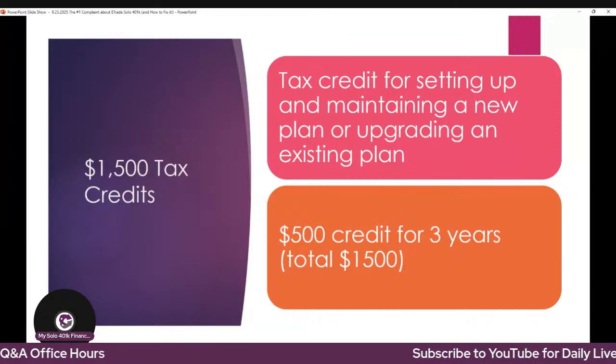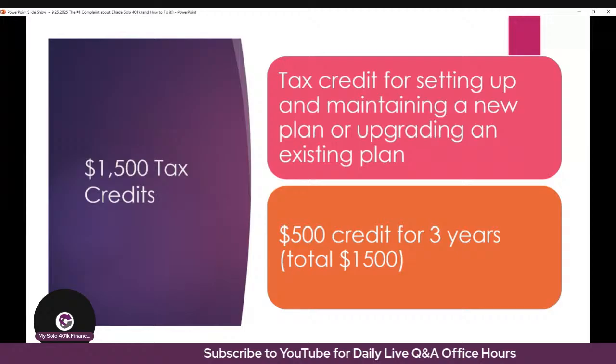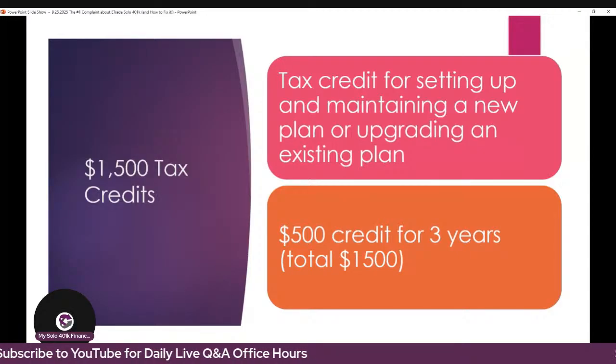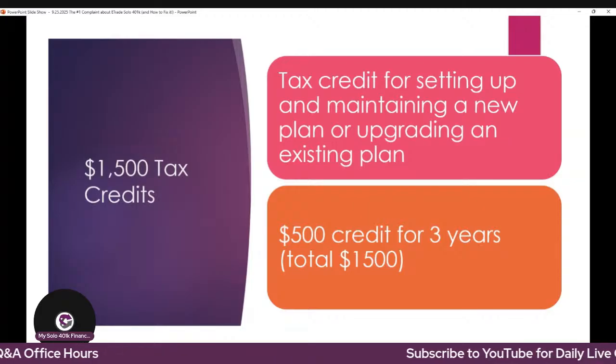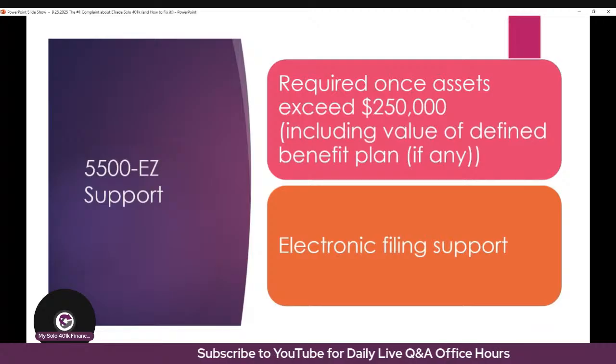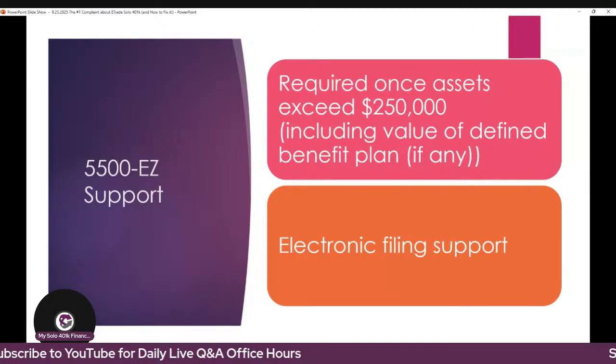But just because they exercise their right to opt out of the default 3% contribution percentage doesn't mean that the plan doesn't have the automatic contribution feature. Therefore, even though they've exercised their right to opt out of the default contribution percentage, they can still claim the credits.